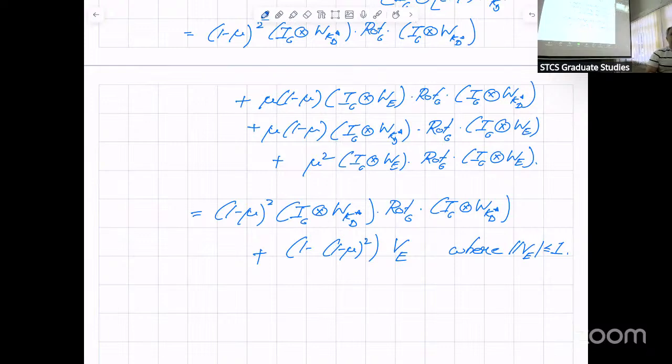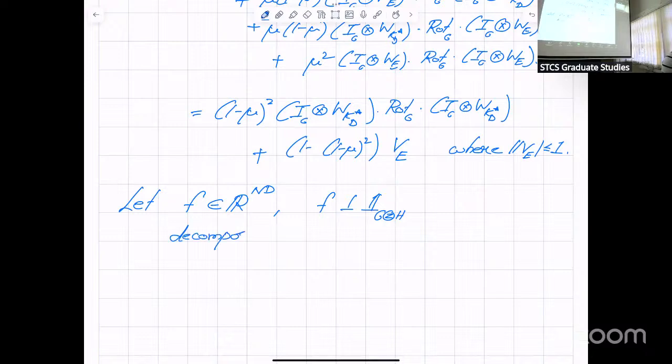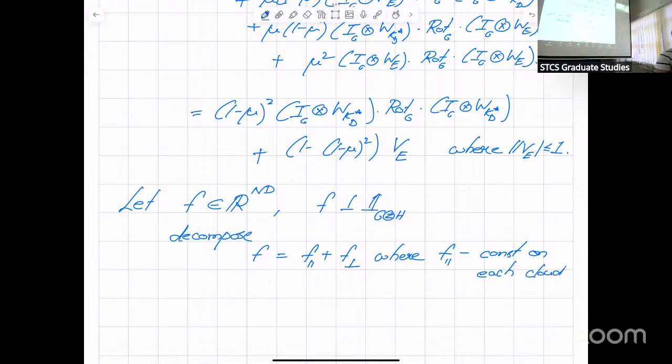Now let F be any vector in R^{ND}, with F orthogonal to the all-ones vector in the ND space, in G zigzag H. Let's decompose F as F equals F parallel plus F perp, where F parallel is constant on each cloud. You replace each cloud by the constant vector on that cloud. You average it on the cloud and replace it.